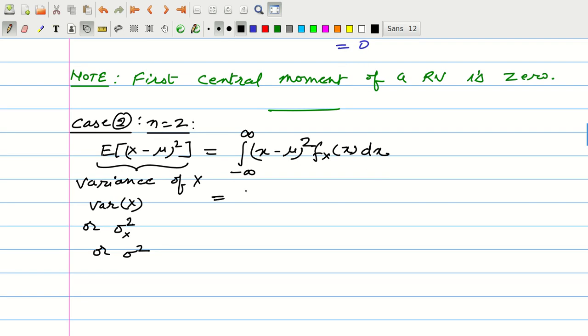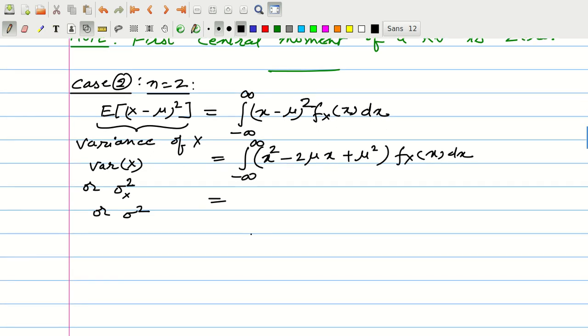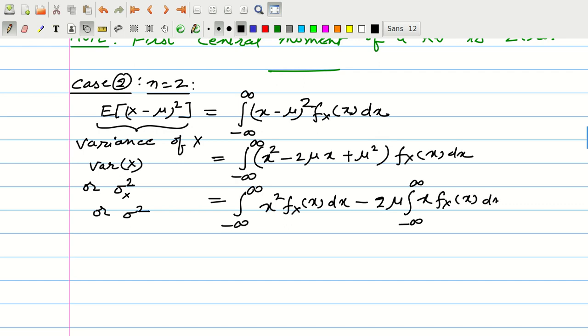which can be expanded as integration minus infinity to infinity, (x minus mu) square is x square minus 2 mu x plus mu square, into f_X(x) dx, which can be separated into three integrals as integration minus infinity to infinity x square f_X(x) dx minus 2 mu times integration minus infinity to infinity x f_X(x) dx plus mu square times integration minus infinity to infinity f_X(x) dx.